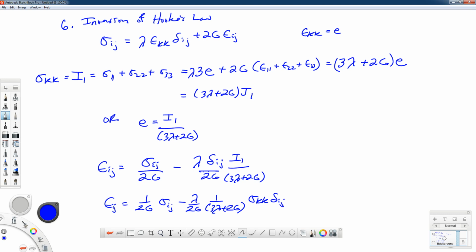So it's relatively easy to invert the tensor form of 3D Hooke's law for isotropic materials. Now let's take a look and see how this is related to our more familiar form of 3D Hooke's law.